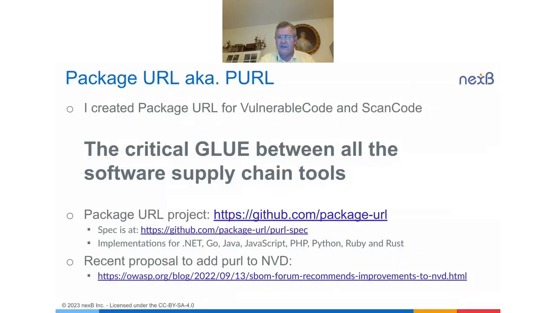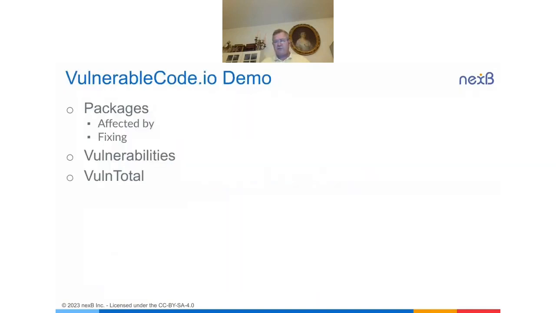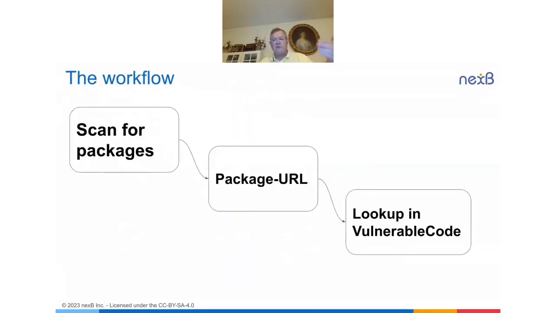In our case, if you think about the workflow, generally speaking, it's fairly simple. You scan for packages, you get a package URL, then you can look up in VulnerableCode. You can scan for packages with ScanCode, but you can do it with a large number of other tools that today support package URLs, both as input and output.